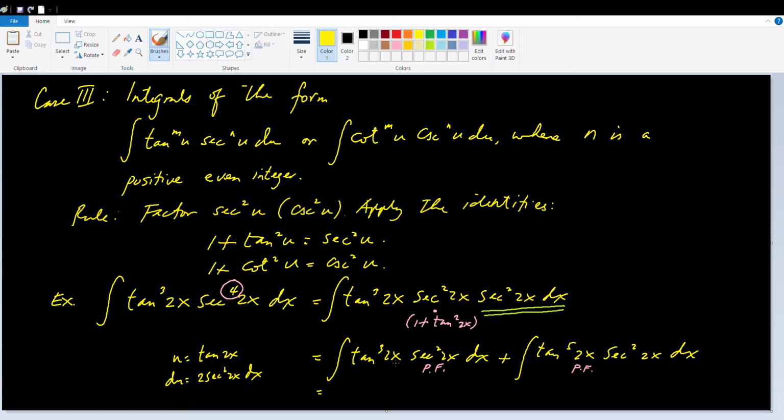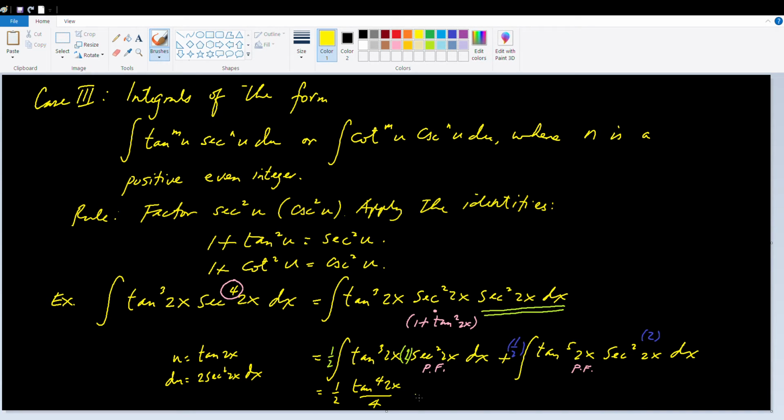So the first integral, we need to complete our du, so we introduce 2 and then we multiply it by its reciprocal 1/2. Apply the power formula, that will be 1/2 tangent raised to 4 2x all over 4. We do the same thing for the second integral. We complete the differential by introducing 2 and multiplying it by 1/2.